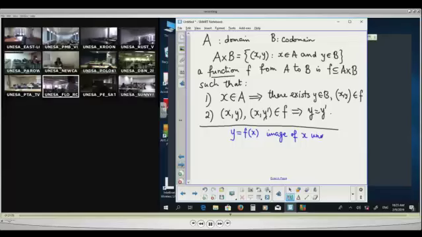So A is said to be the domain, B is said to be the codomain. The range of F is the set of all images. That's where your range comes in. It's precisely the set of all images, which is a subset of the codomain.